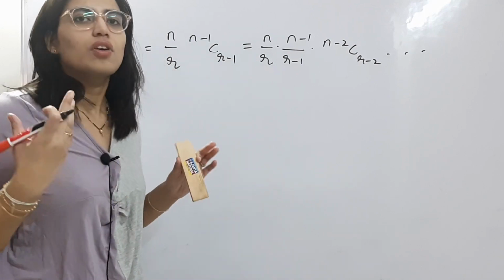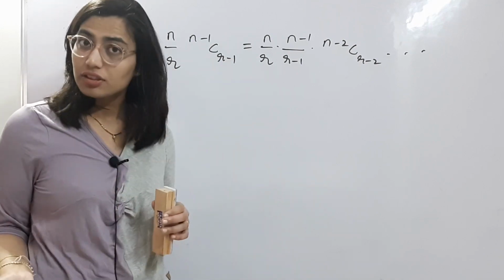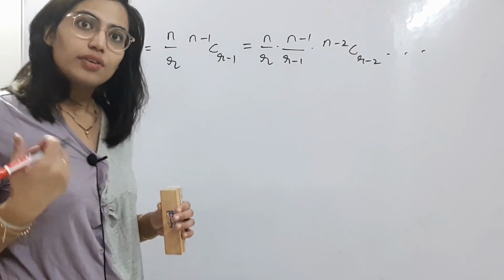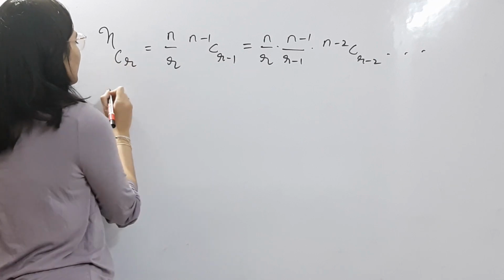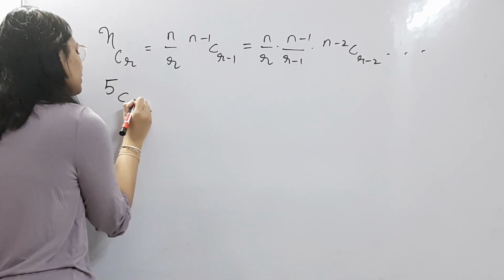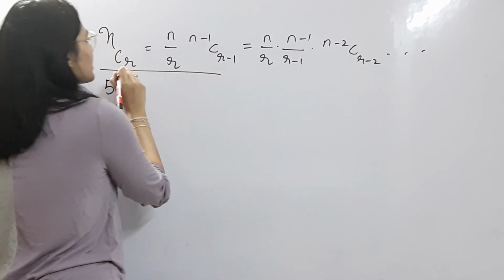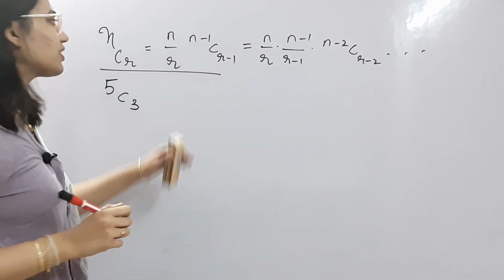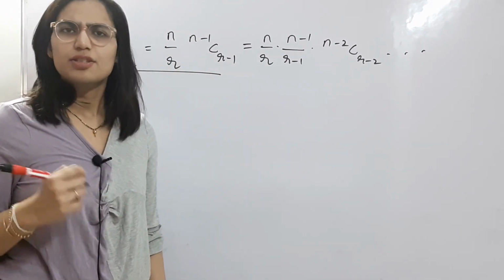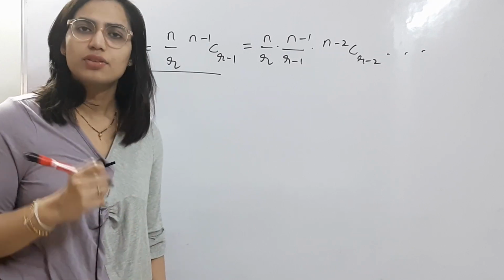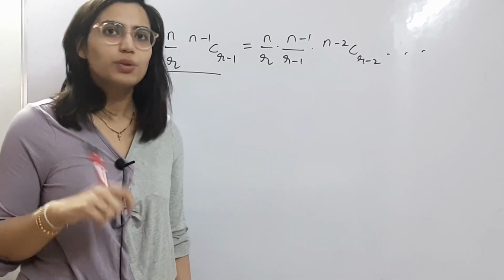Else you can use the regular properties that I have taught till now in order to solve any problems involving binomial coefficients. We are trying to prove that nCr can also be written as this, and these can all be derived from the basic formula of nCr, that is n factorial by (n minus r) whole factorial into r factorial.